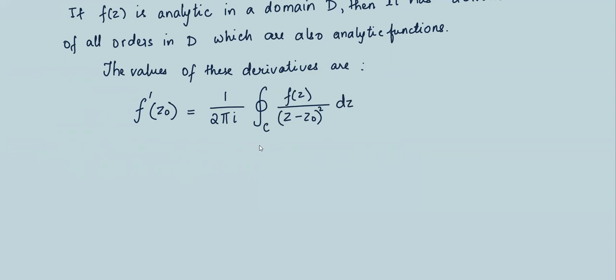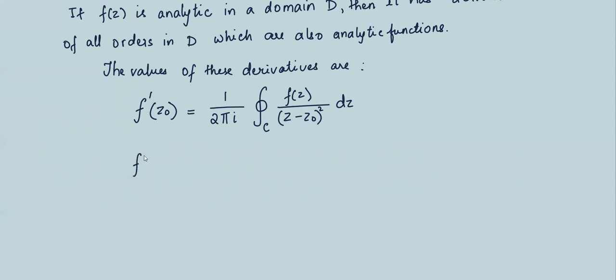C is of course any simple closed path. Now f is analytic. Very important. F must be analytic. F is analytic, but this function f of z by z minus z naught whole square will not be analytic. So here when square comes, you get f dash. When power 1 comes, you get f.